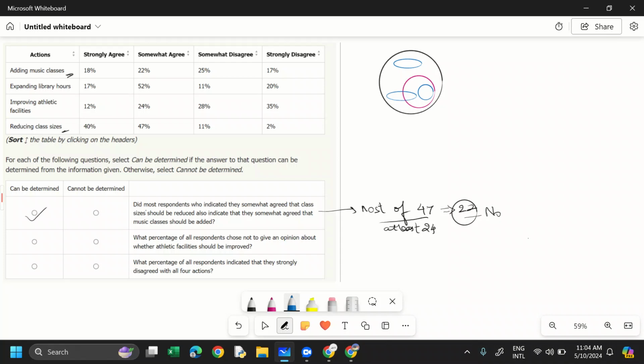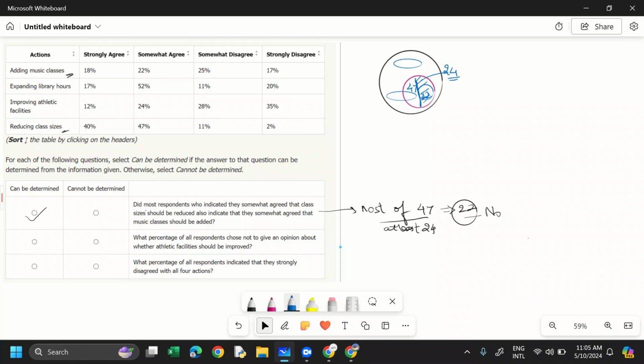The best case scenario is complete overlap, so that 22 of them are part of this 47. But still, does this 22 constitute most? No, because for most, it should have been at least 24.